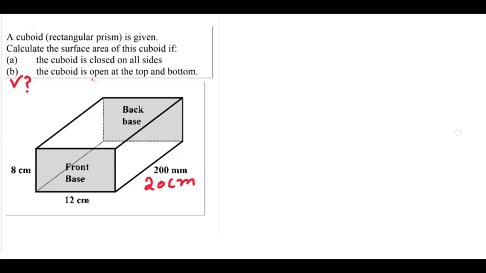Now I can find the surface area very easily. The rectangular prism is closed on all sides, which means top and bottom are closed, right and left, front and back as well. We're going to use this formula. Total surface area, TSA, or you can say SA, is the same thing.